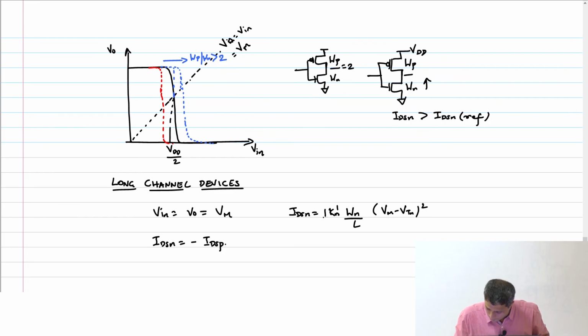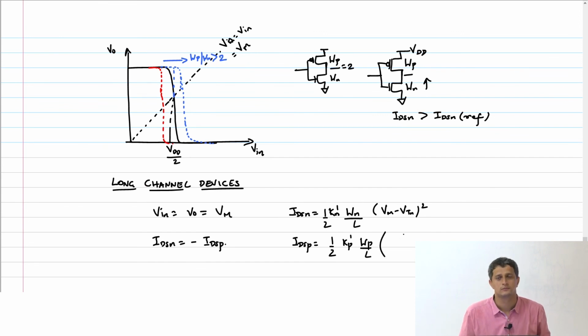IDSP is half Kp prime Wp by L into Vm minus Vdd minus Vtp the whole square.